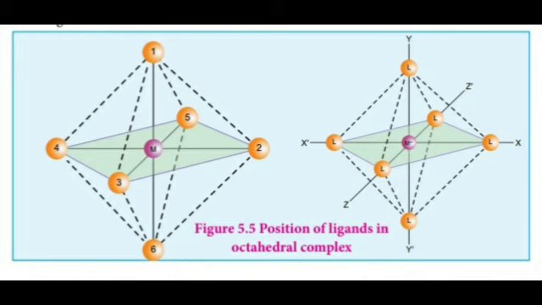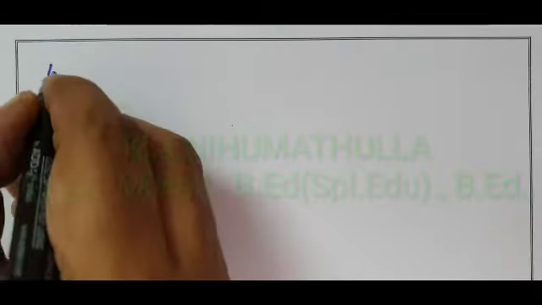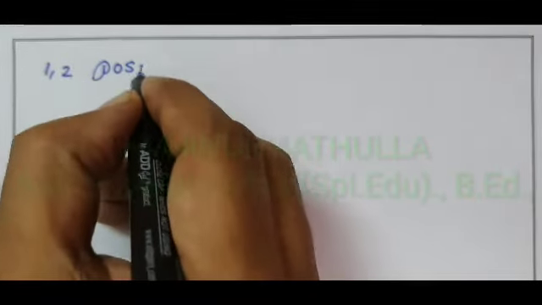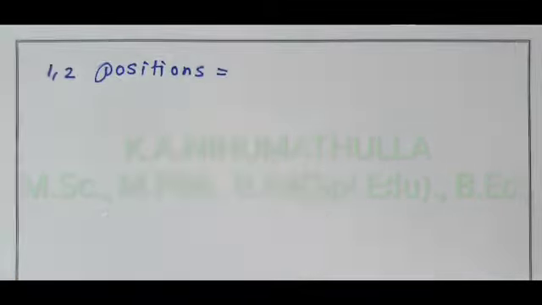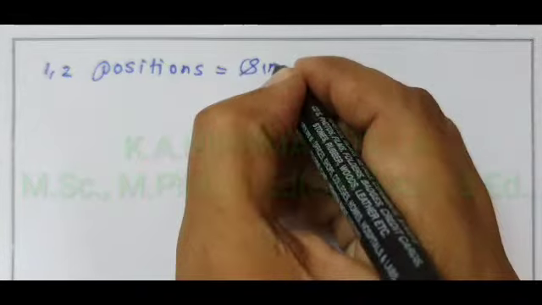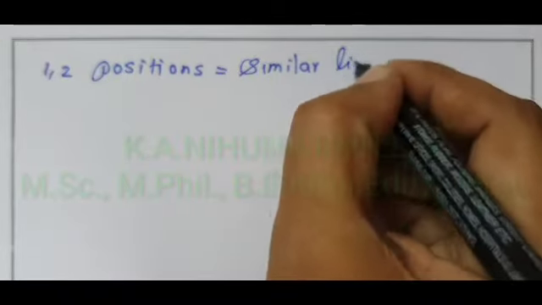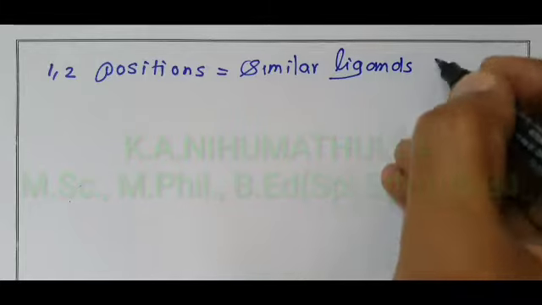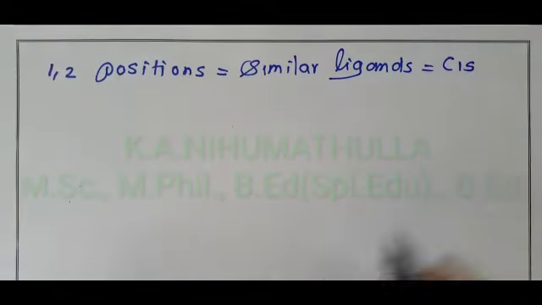But having all these 12 cis isomers, we cannot easily tell cis and trans isomers. Simply, we can tell: if similar ligands are present in 1, 2 positions, it is called cis isomer.